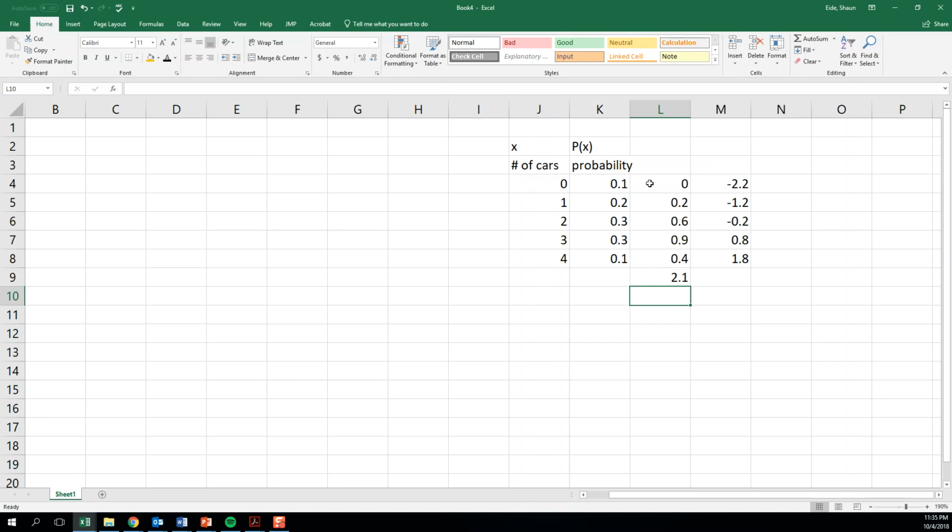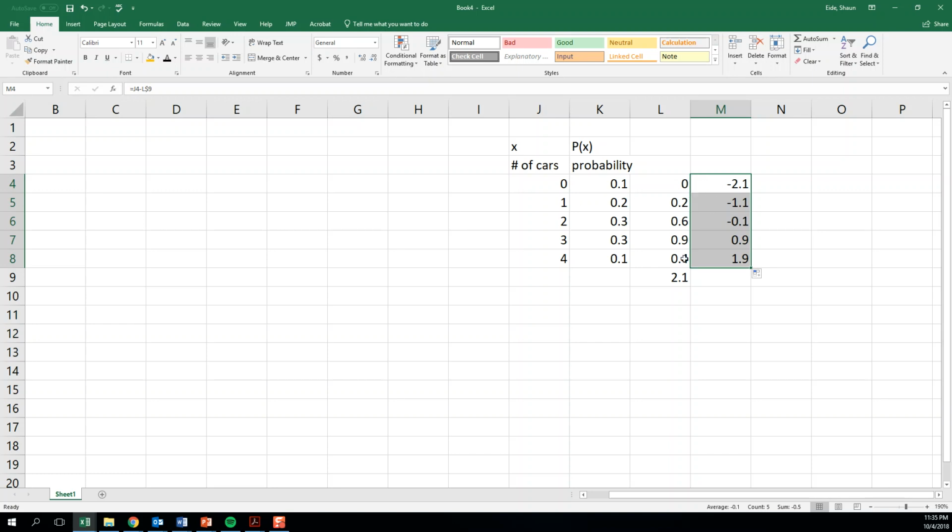Okay, so after this, what you need to do is x minus the mean. Okay, and we're just going to drag this down. X minus the mean.